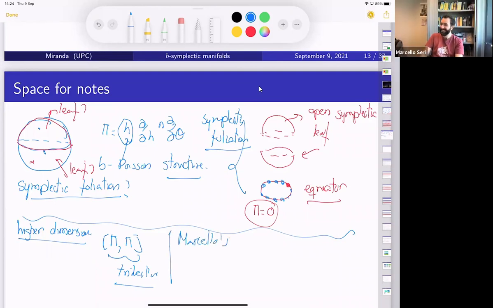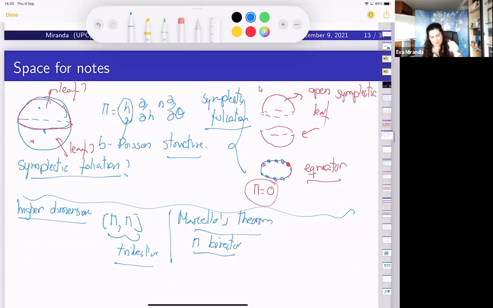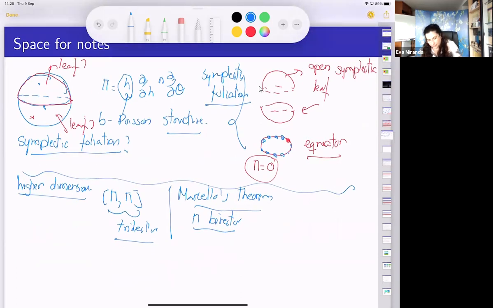Marcello's theorem is that any bivector field on a 2-dimensional manifold, that's fantastic, indeed, this was used in the list of problems. So now I'm doing the work for Pau, and that's very good. Any bivector is going to satisfy that the bracket of pi with pi equals 0. And that's precisely how you prove it. You say, well, this guy is a 3-vector field.